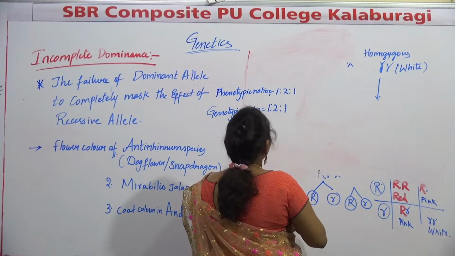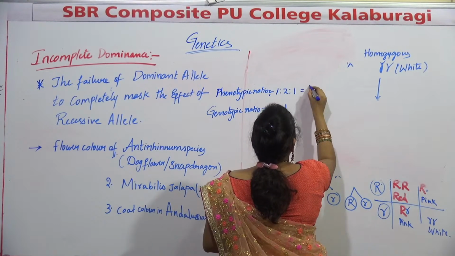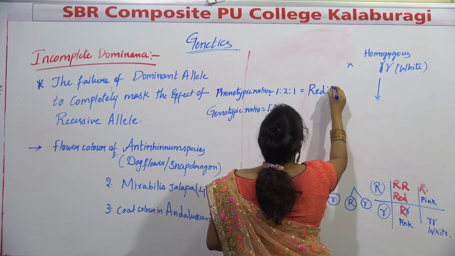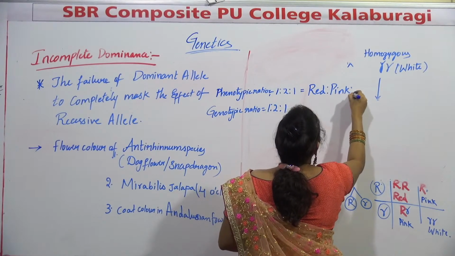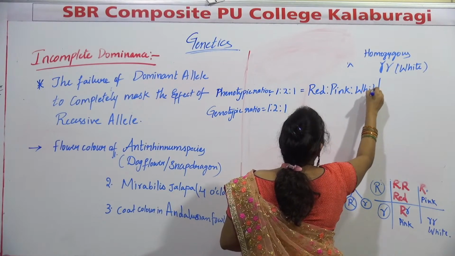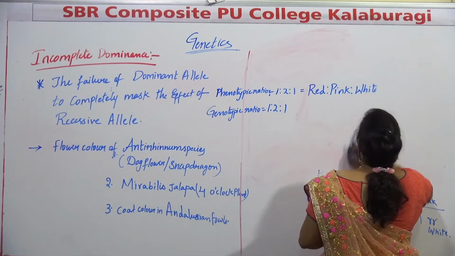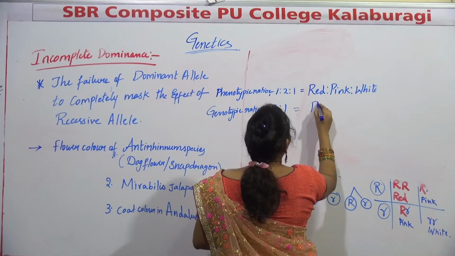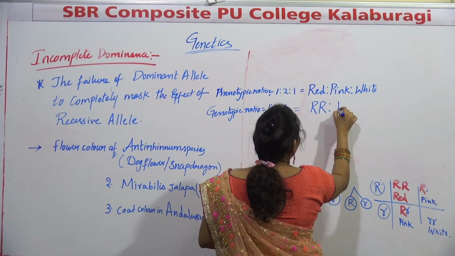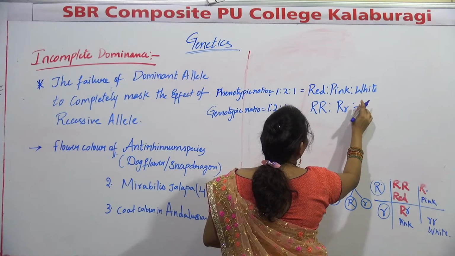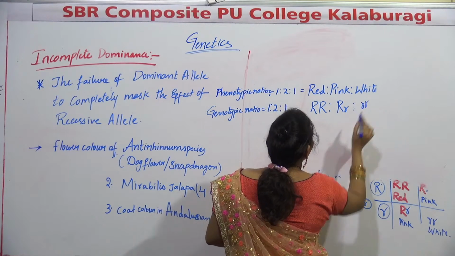This 1:2:1 is red flowers to pink flowers to white flowers. And this is homozygous capital R capital R, this is capital R smaller r, and this is smaller r smaller r.